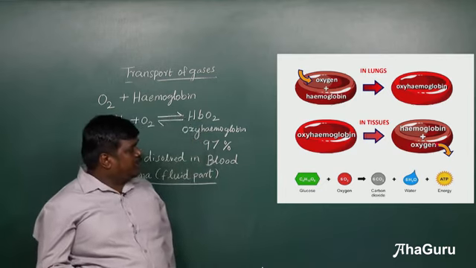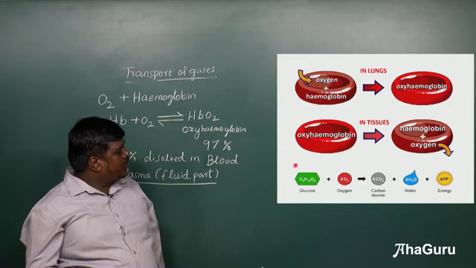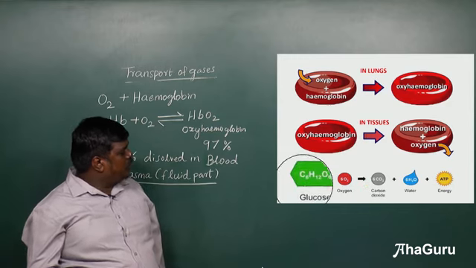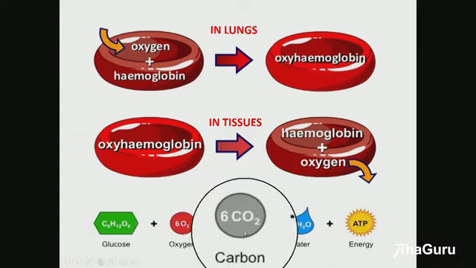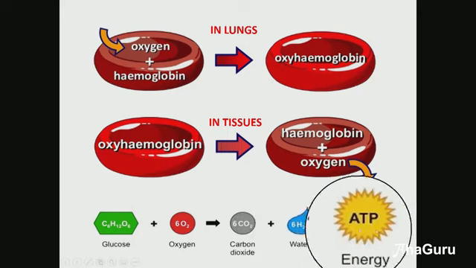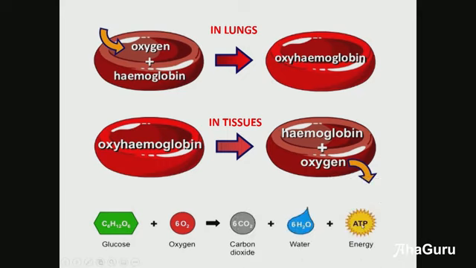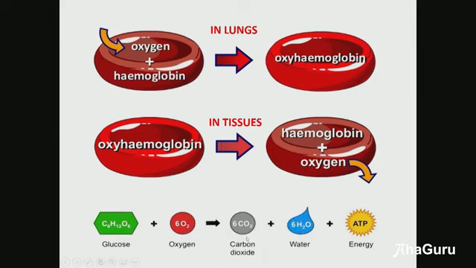That oxygen is taken by the tissues, where it combines with glucose molecule to form carbon dioxide, water and energy. The carbon dioxide that is formed here is the one that is expired out.